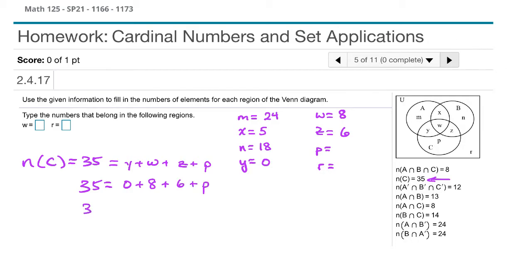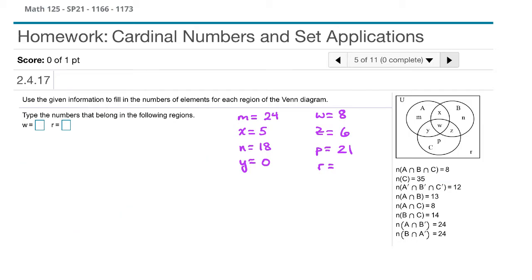So 35 is equal to 14 plus P. Subtracting 14 on both sides, we find that P is going to be 21.